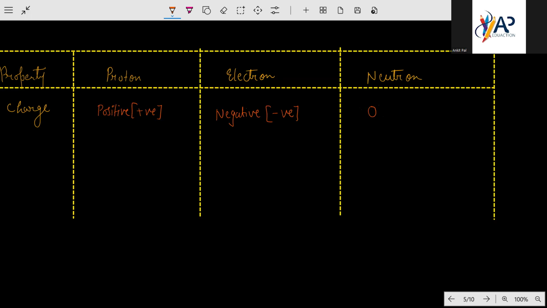Next, mass. Even you can write here value of charge also. Positive charge means proton has plus 1.6 into 10 to the power minus 19 coulomb, right?